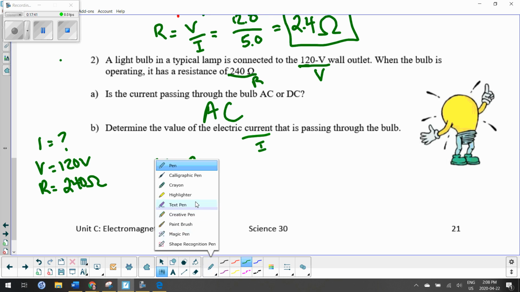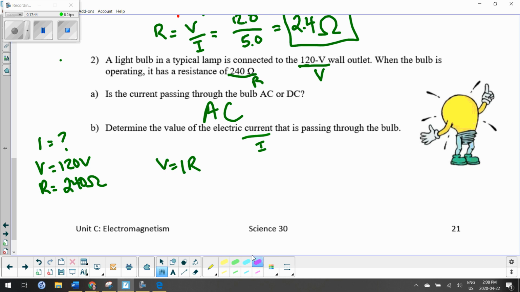I now want to solve for I because I is my unknown. Okay, so these two are being multiplied. Opposite is divide. I want to divide by what I want to get rid of, which is R. What I do to one side, I do to the other. So now R's cancel out and I is left by itself.